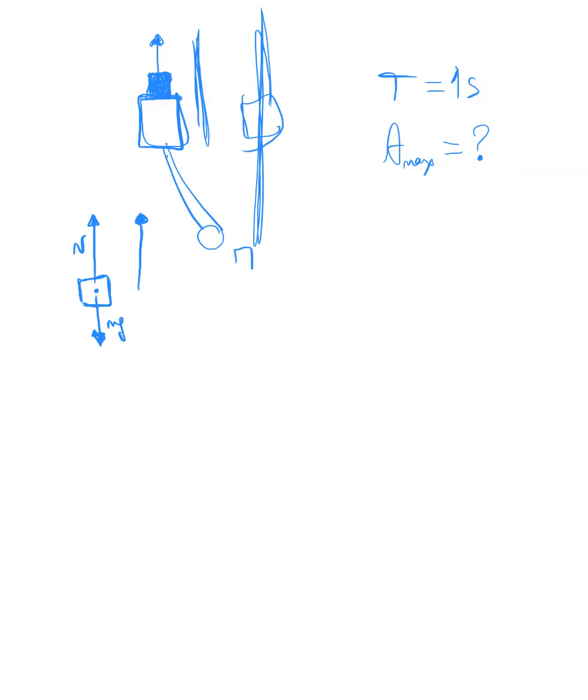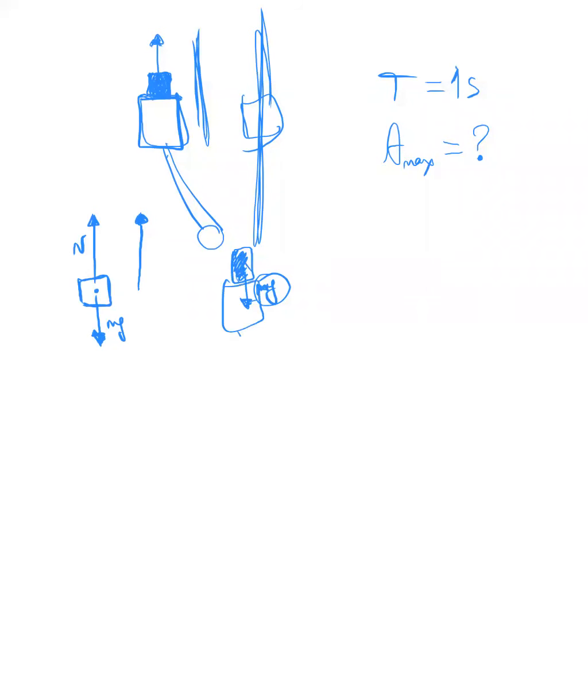But when it moves down because of gravity, and gravity is something that you cannot change. Gravity is what it is. So if this block needs to move faster than gravity can move it, it can't.